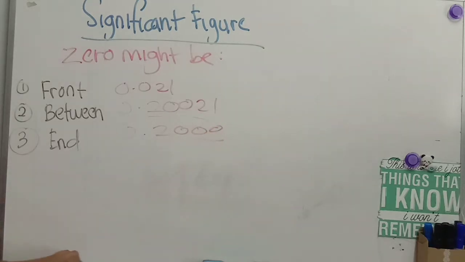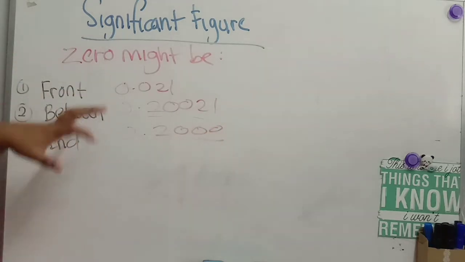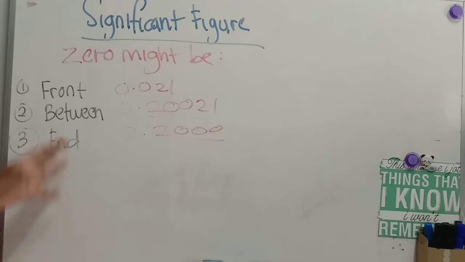So it can be placed in three places: front, between, or end. I'm going to show you how to eliminate and differentiate between the whole number and the decimal number in these three places.